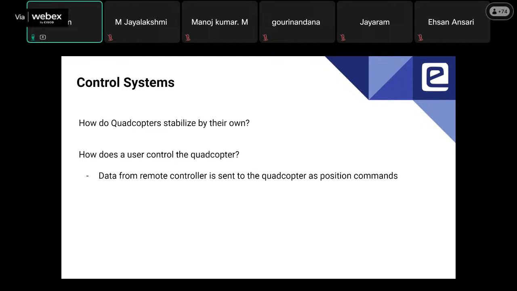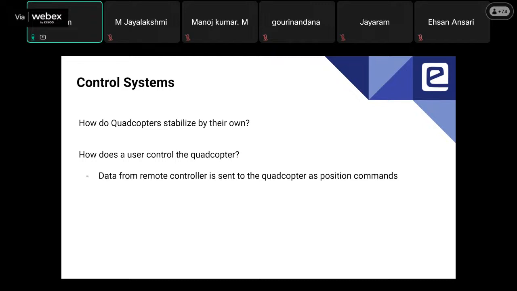So how do quadcopters stabilize? How can a user control the quadcopter? Earlier, while going through the components you need to build a quadcopter on your own, we came across something known as the remote controller and the receiver. It is through that remote controller that a user like us is able to send control signals, to move forward or backward.